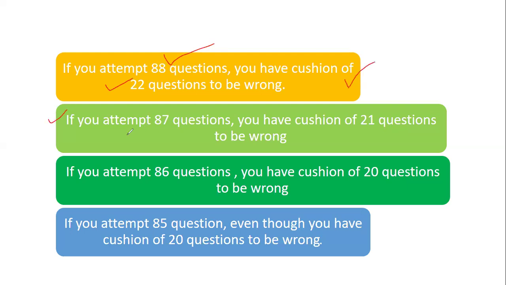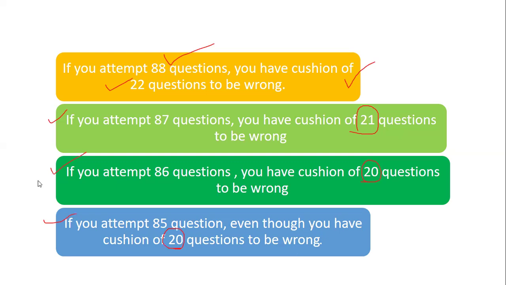If you attempt 87 questions, you will have a cushion of 21 questions to be wrong. If you have attempted 86 questions, then 20 questions can be wrong, and that should be the cushion. If 85 questions are attempted, then only a cushion of 20 wrong questions is available.